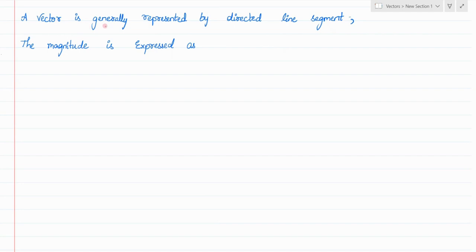Next, a vector is generally represented by a directed line segment. What does it mean? What is a line segment? A line segment is nothing but something which has two definite points with definite length, A and B. What is meant by a directed line segment? It's a line segment, but it tells about the direction. For example, here AB is said to be a vector because it is a directed line segment.